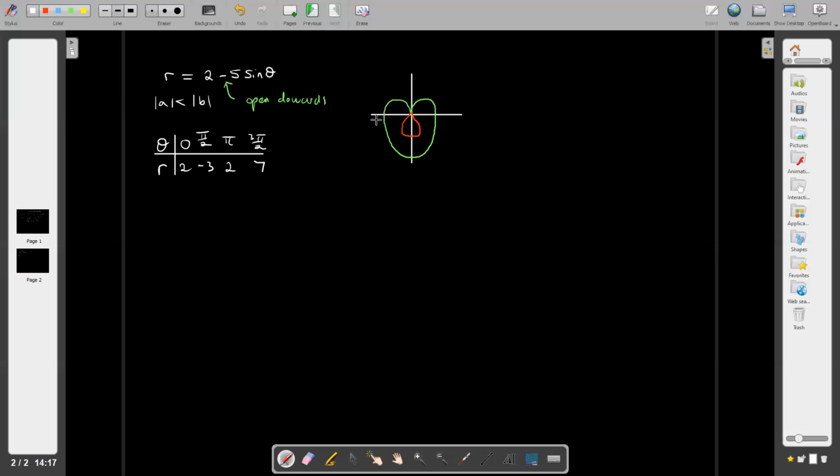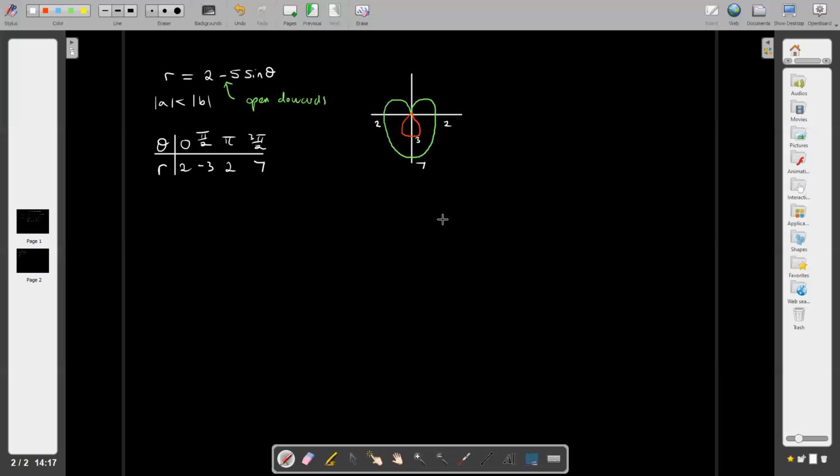So here we've got 2, 2, 7, and 3. You can almost imagine that as the angle theta increases from 0 to pi, it's going to come down, down, down, round here, out and back round.